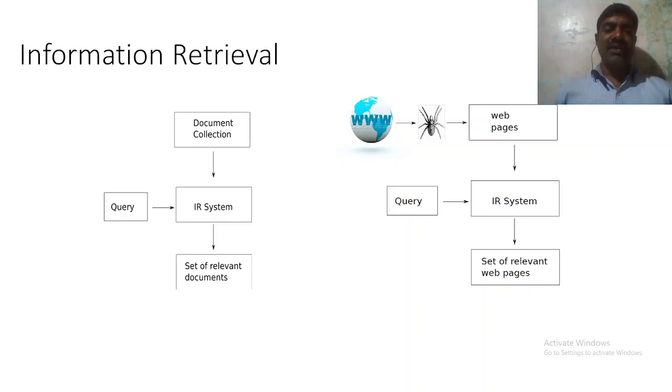When the user gives a query to the IR system, it collects the data information from various web servers, gives an index to each and every document, checks the matching between the query and the retrieved documents, and then based on that it gives a ranking and the list of documents is displayed to the user.